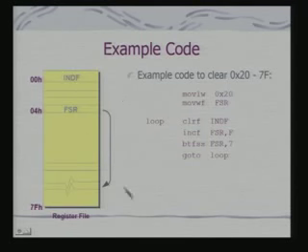This is another example, and this example actually uses indirect addressing. For most of the examples that we have seen, we were using direct addressing. Now, in this case, I would like to clear the locations from 20 to 7F in a particular bank. So, what we are doing? We are moving a literal, an immediate operand, into the W register.